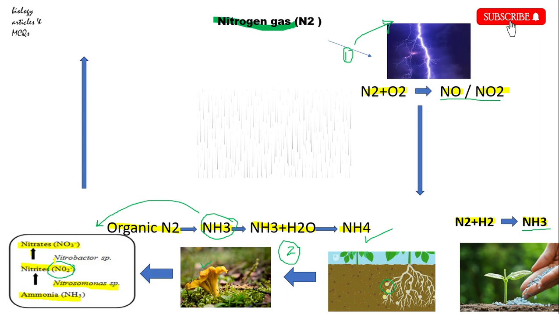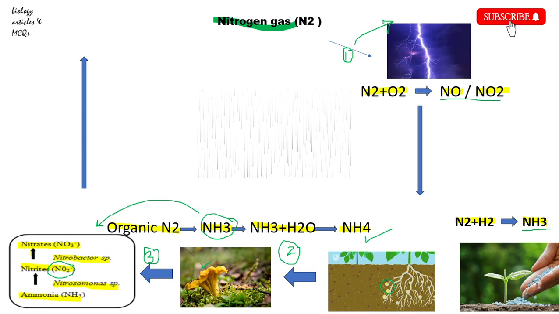And this conversion is also going on by the help of the bacteria species Nitrobacter, and it can also work in the presence of oxygen. So this is the third step, that is called nitrification.